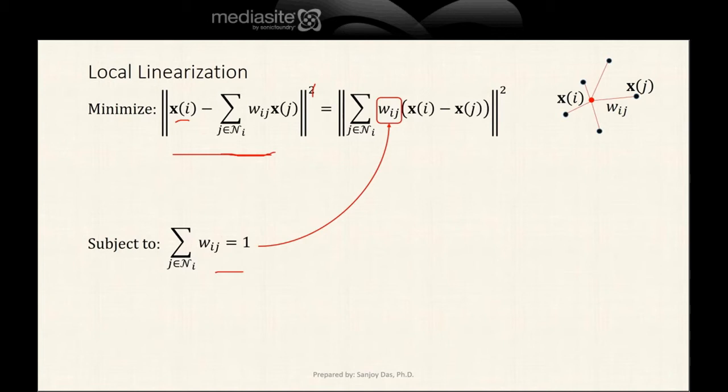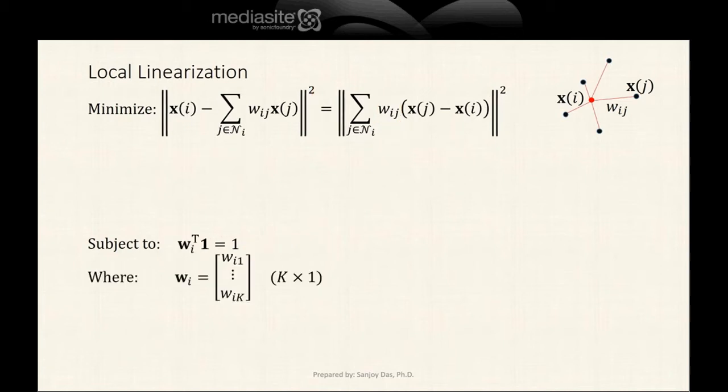This first term in this summation is summation wij xi, and since xi is constant with respect to the summation, it's equal to xi times summation wij, but the latter, summation wij, is 1. And so clearly this is equal to this expression here.